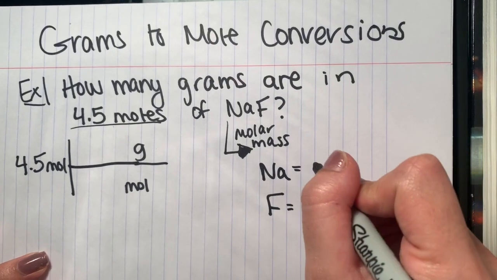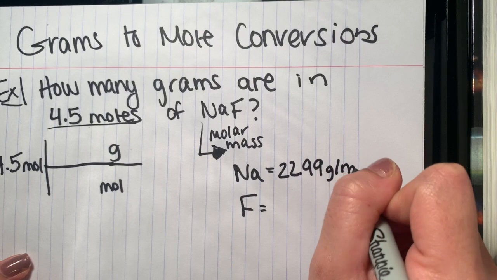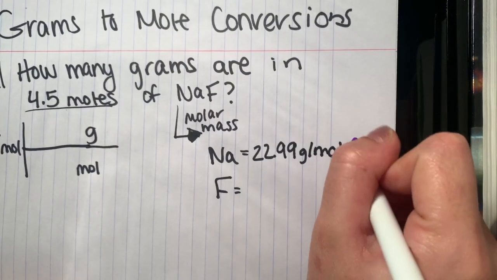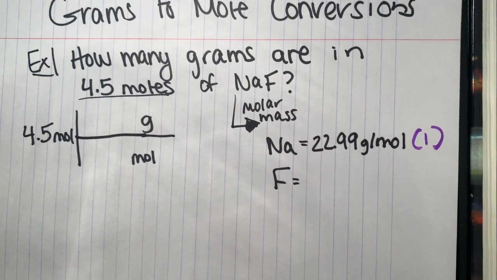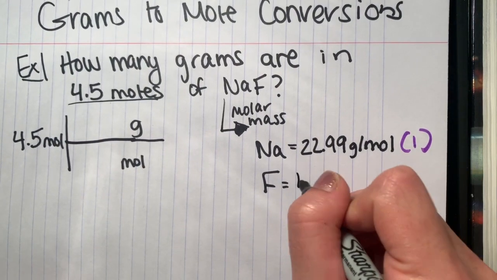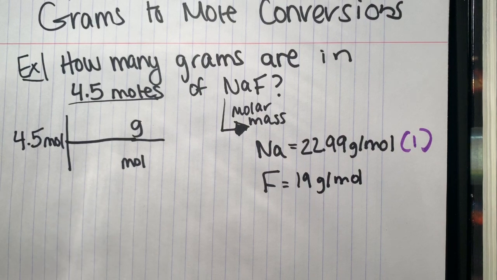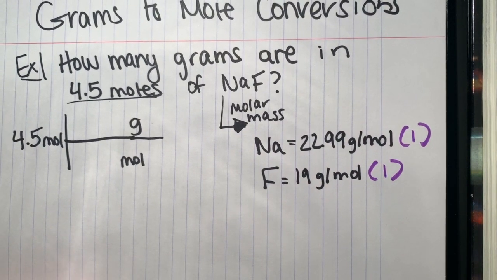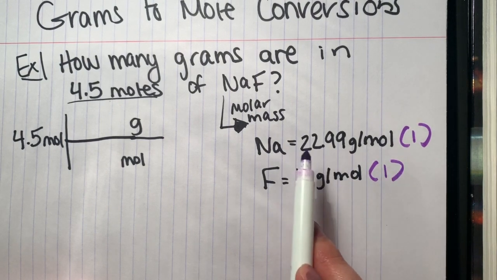The molar mass of sodium is 22.99 grams per mole. And I'm gonna multiply that by 1 because there's no subscript, so I know there's just 1. And then I'm gonna look up the molar mass of fluorine, which is 19 grams per mole. And I'm also going to multiply that by 1 because there is no subscript.